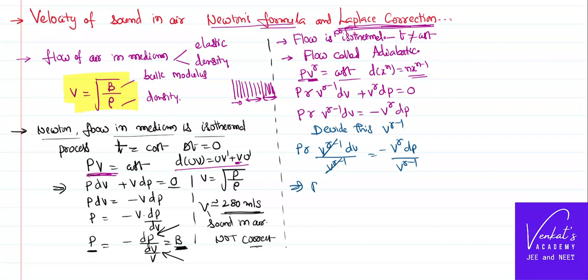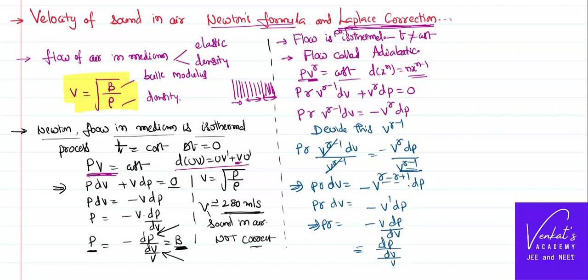So what is remaining is P gamma dV equal to minus V power gamma, which goes to the numerator and the power becomes gamma minus gamma plus 1, and a dP. So P gamma dV equal to minus V, gamma cancels, V power 1 is remaining, dP. That implies P gamma equal to minus V dP by dV.